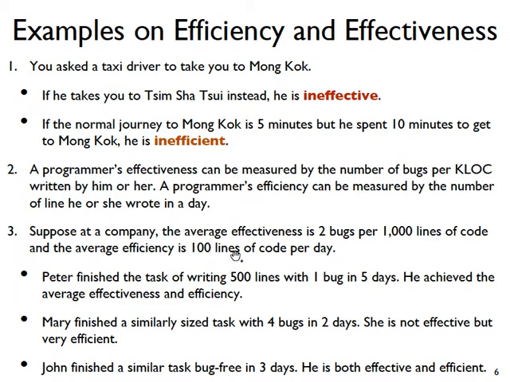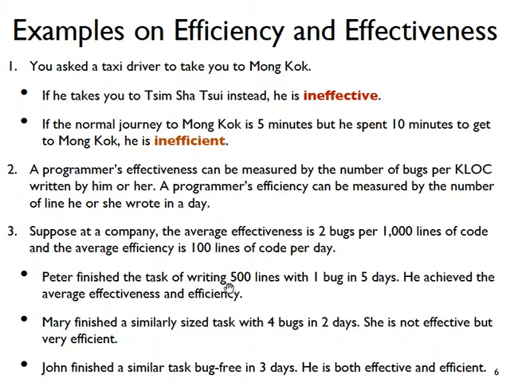People can never write several hundred lines of code a day. Usually it will be quite outstanding if someone can manage that. But suppose for that country, average efficiency is 100 lines of code a day. Average effectiveness is $2 per thousand lines.